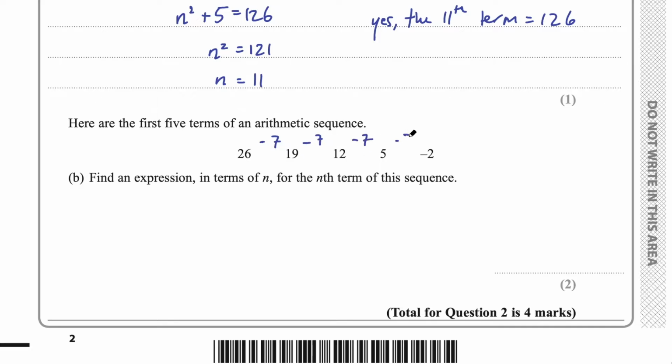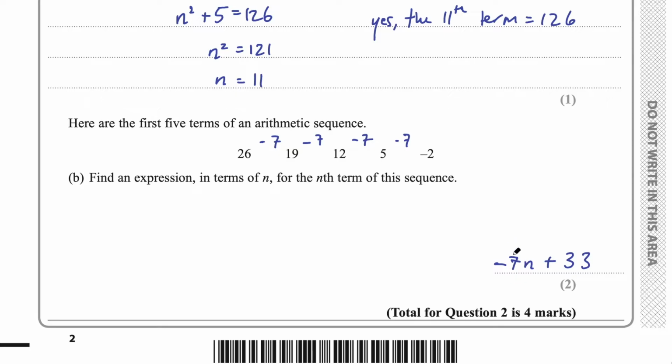So you can see the common difference is -7. So we're multiplying n by -7, and then you have to figure out, if I substitute 1 into this, -7 times 1, what do I need to add on to get to 26? So -7 plus 33 will get you to 26. So this is going to be -7n plus 33.